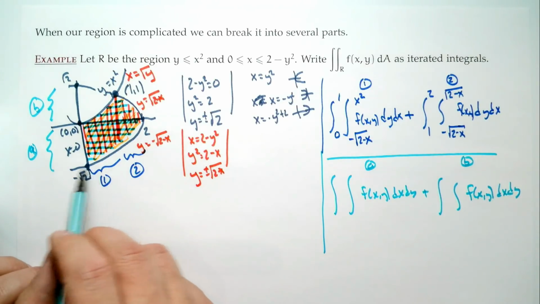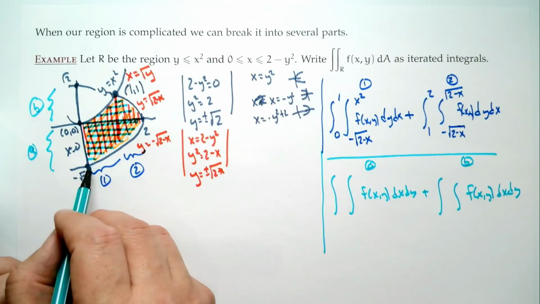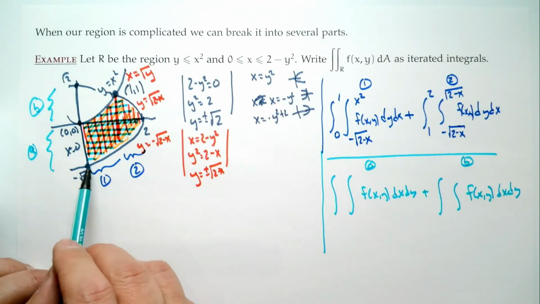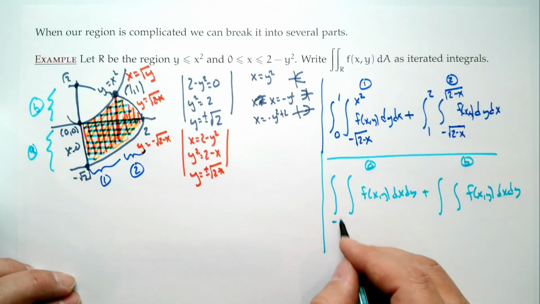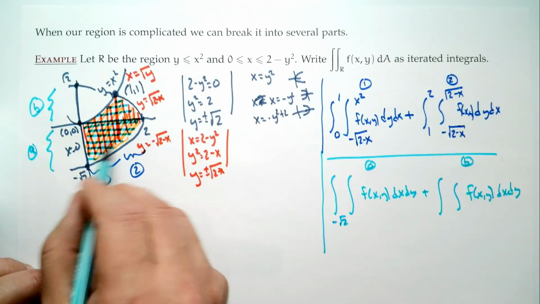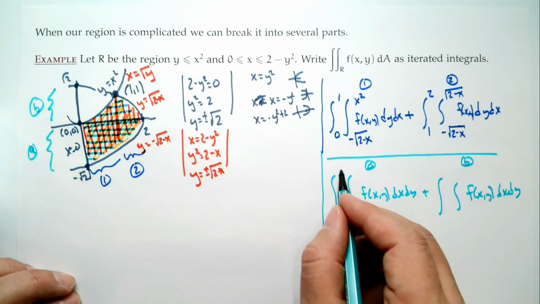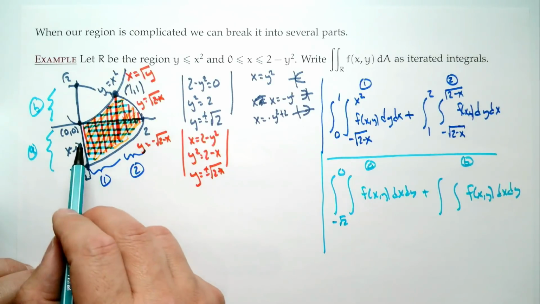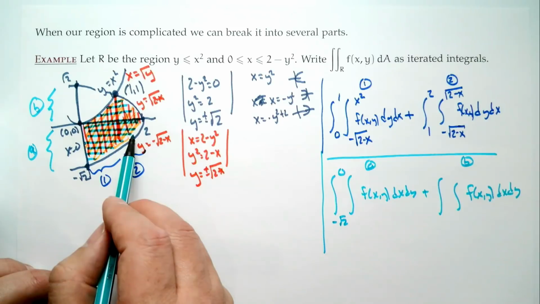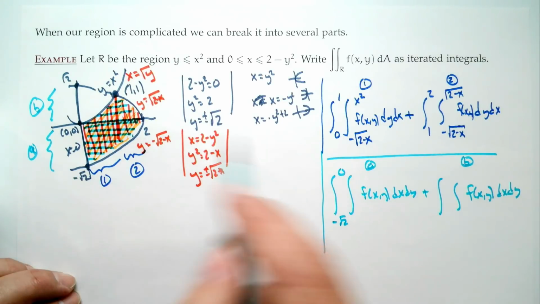Doesn't matter which order we do it, so let's start here. Where do I start my slicing? What value of y? Negative root 2. And where do I go to? 0. As I make my slice, where's my left and where's my right? 0 is on my left.